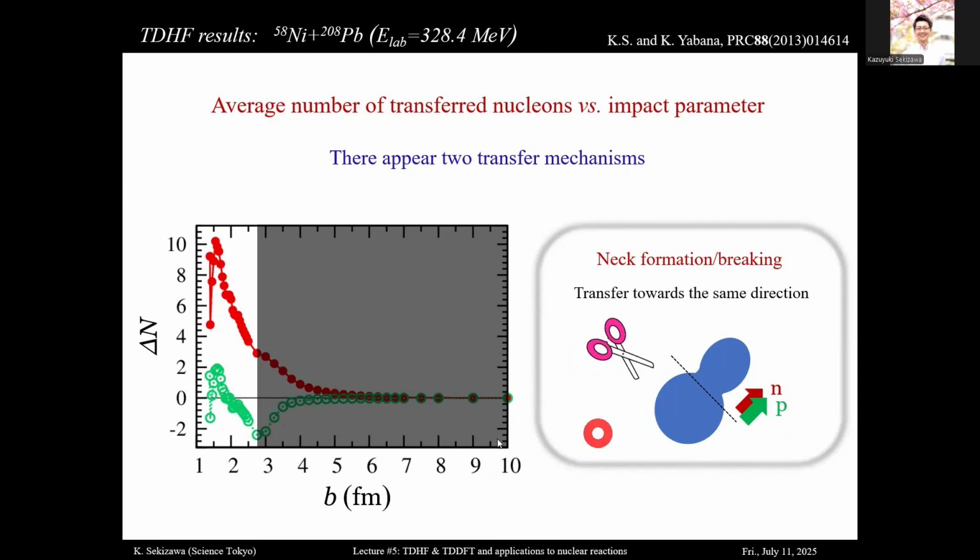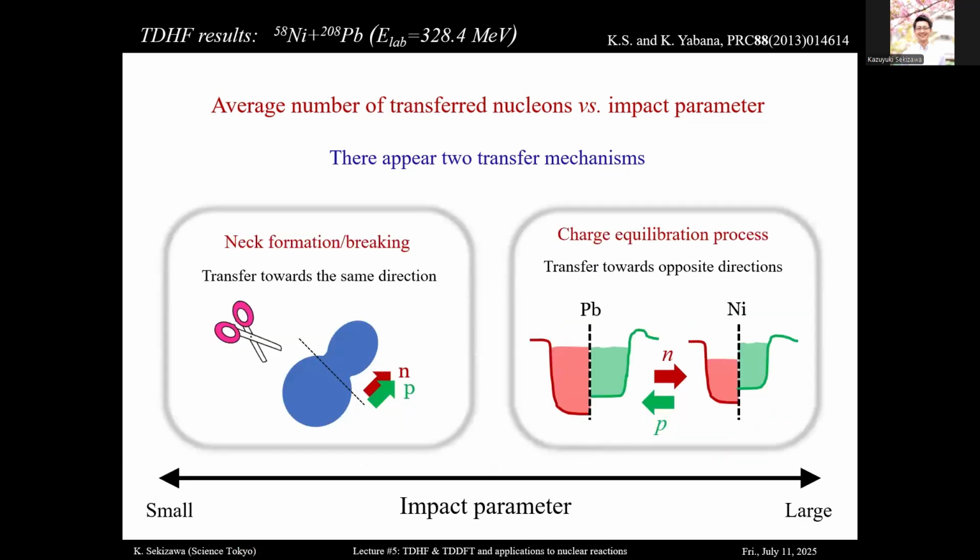This explains why neutrons and protons transfer in the same direction in this small impact parameter region. In this way, by just solving the TDHF equations, we can get distinct mechanisms of nucleon transfer depending on the impact parameter: the first is charge equilibration, and the second is neck formation and breaking.